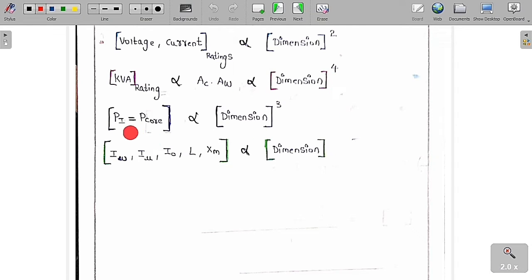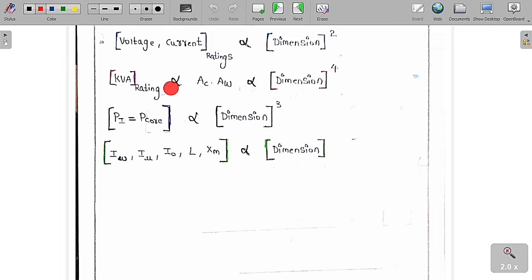Whereas iron loss, also called core loss, is directly proportional to dimension cube. Whereas the core loss current, the magnetizing current, the no load current, the inductance and the magnetizing reactance are directly proportional to the dimension.